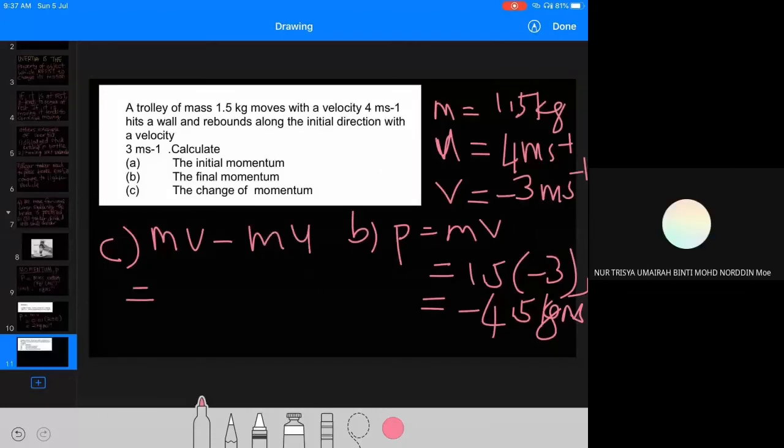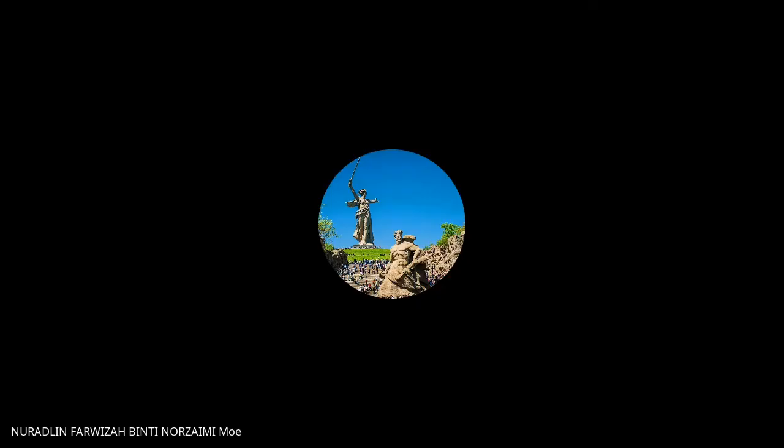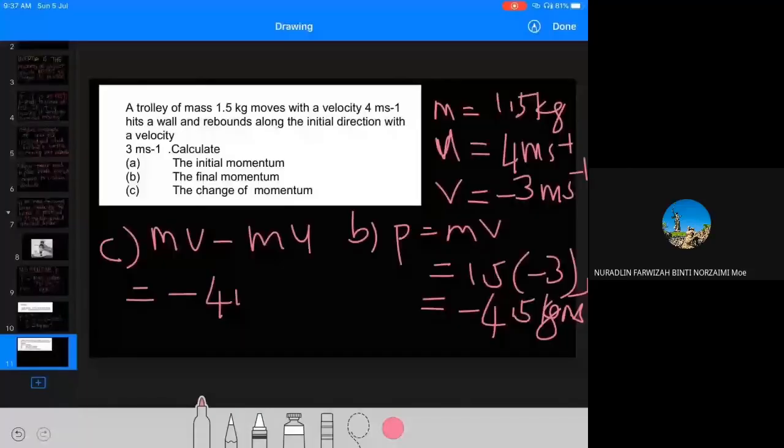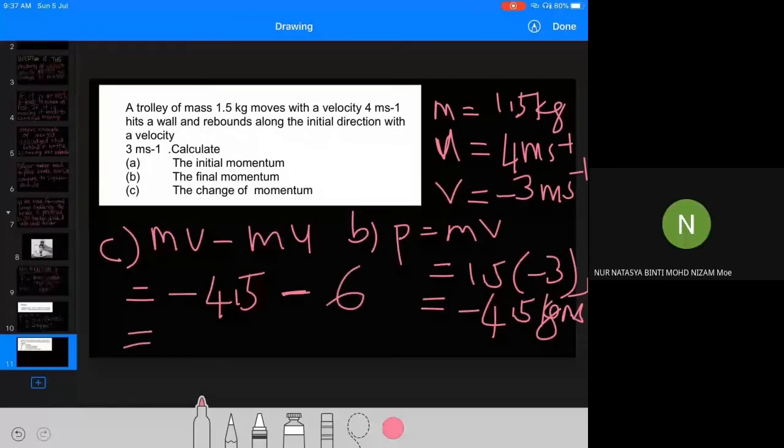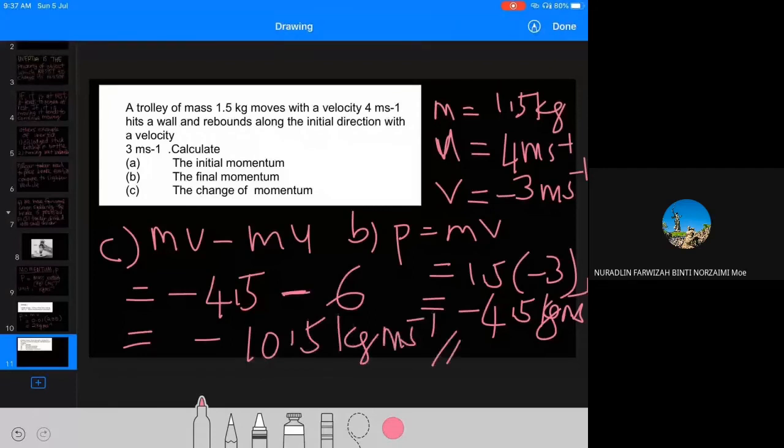Negative 4.5. Minus berapa tadi mu? 6. Yes, so you dapat berapa altogether? Negative 10.5 kg meter per second. Okay? Boleh faham?